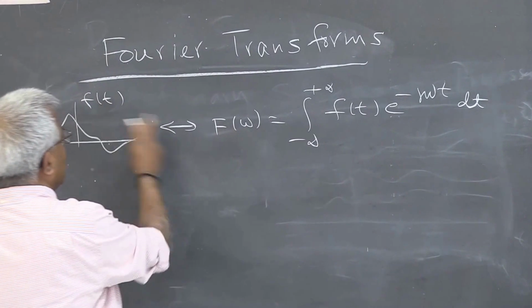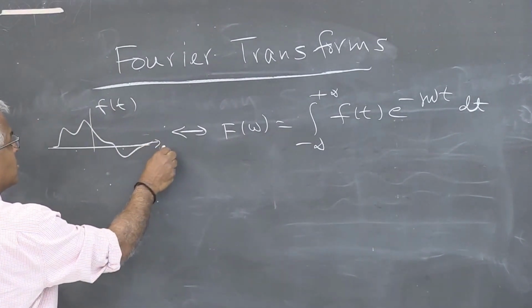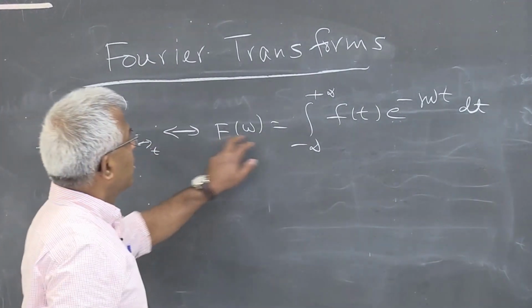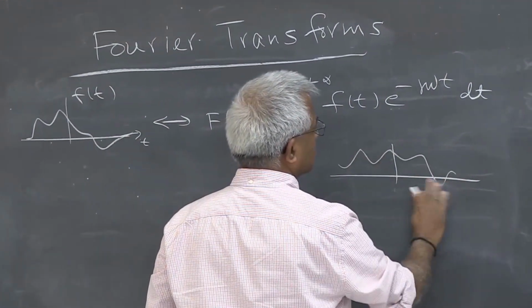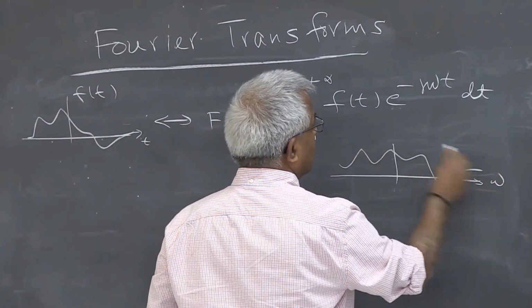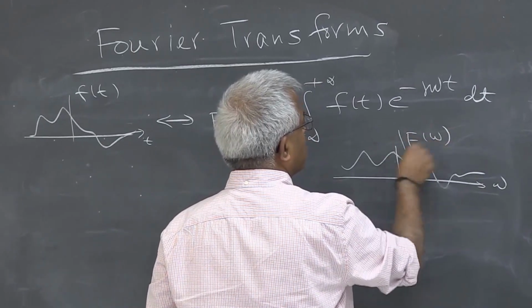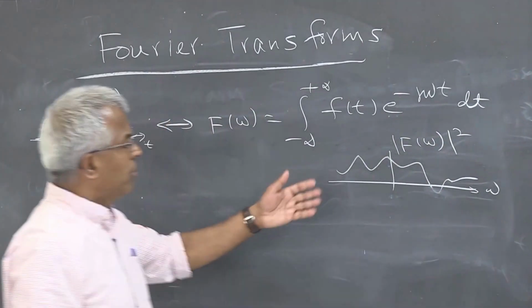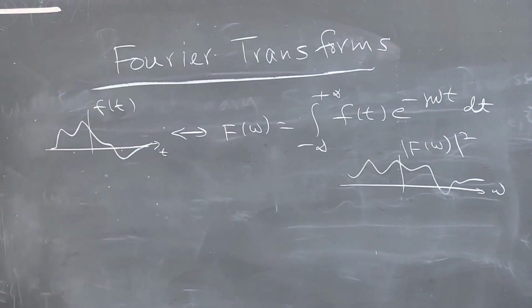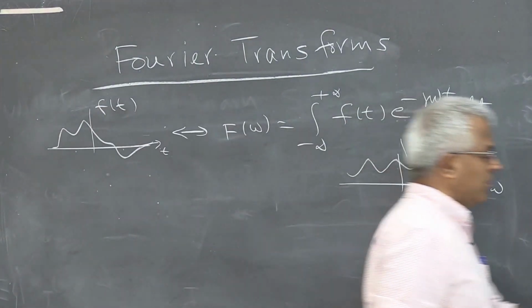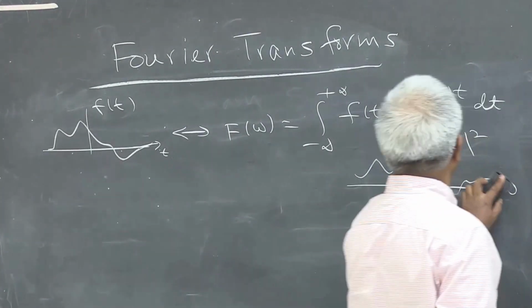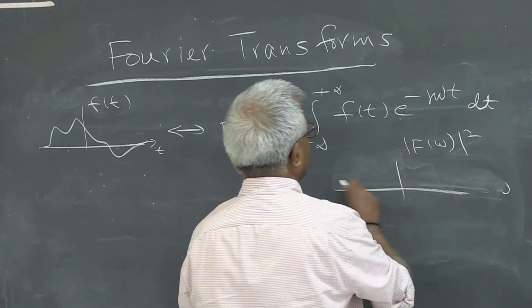So you generally remember this is in time, this F of omega is in frequency. Because F of omega can be complex, you really have to plot the magnitude and phase separately. Generally the magnitude is what is plotted, but phase is equally important.